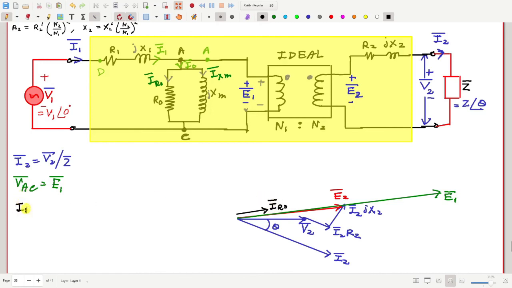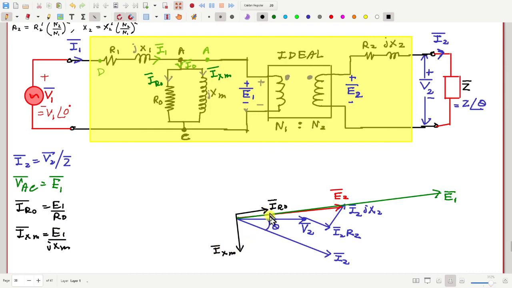So IR0 is E1 by R0 and IXM, that will be E1 by JXM, that will be lagging downwards. Let this be IXM.